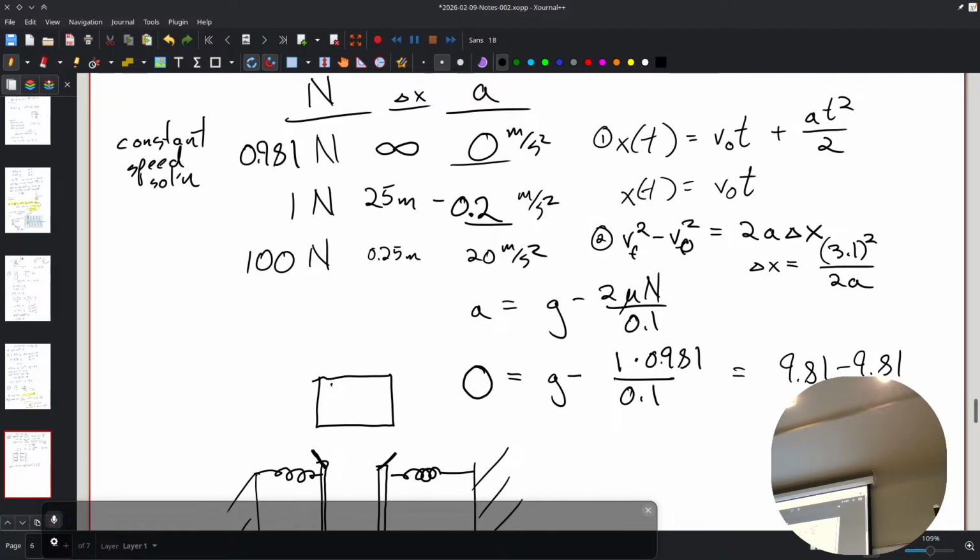So then we have that distance, and the time to stop is 1.46.